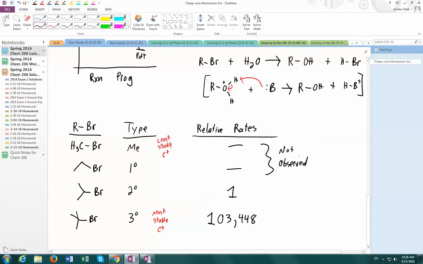It's just how fast one of these forms relative to the other one. And so for every one molecule of this that forms, we will have formed 100,000 of these molecules. And it's just because this reaction is going so much faster. So it's just a relative speed. All right. And so this makes sense if we think about an energy diagram.